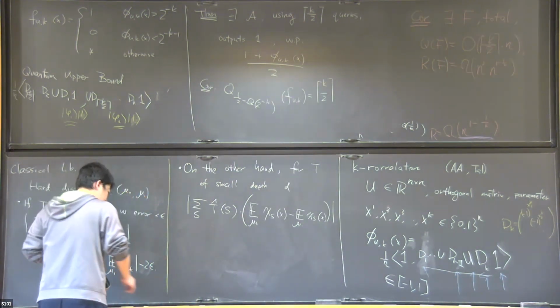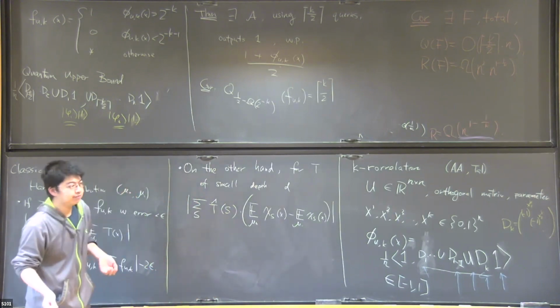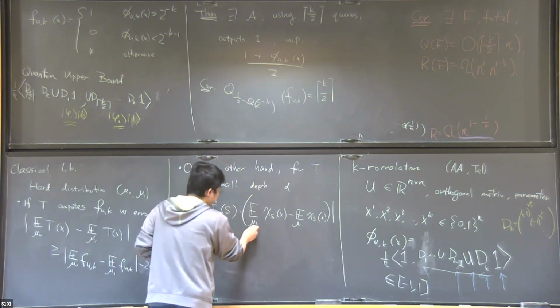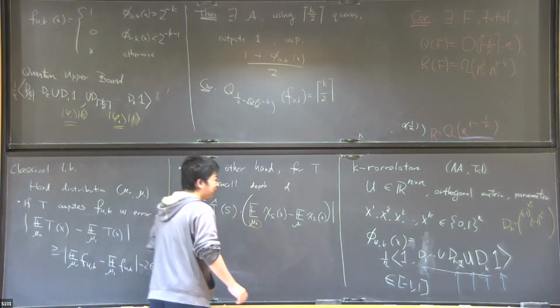And then for one of the distributions, we will choose the uniform distribution. So in our case, maybe just define the Fourier transform of T.